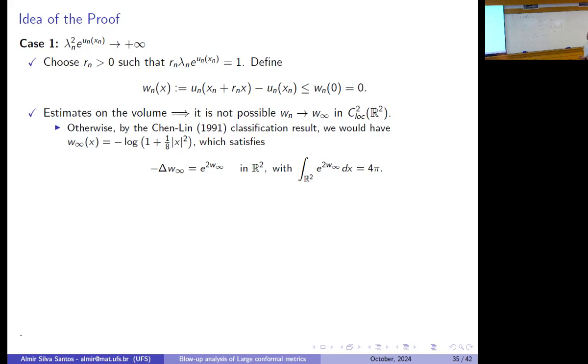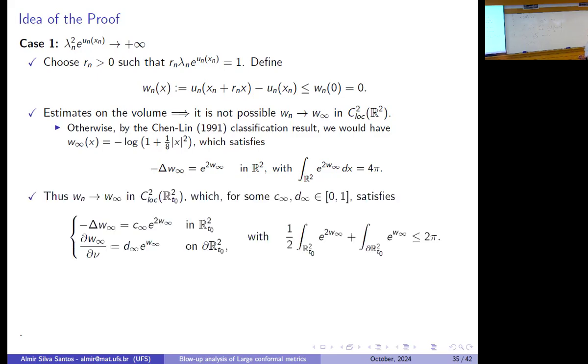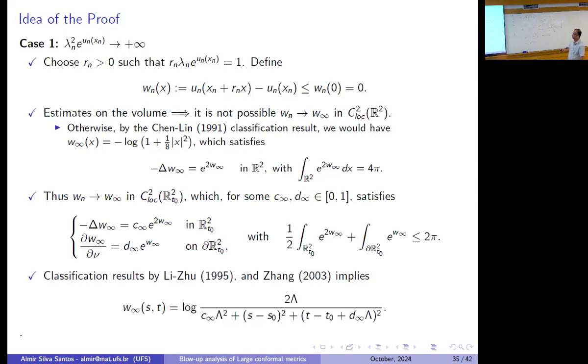So this convergence cannot happen. So the convergence happens on the half space, with this condition on the integral. And by the classification results by Liu and Zhang, we find that the limit is exactly what we said in the theorem. So this case is essentially this.